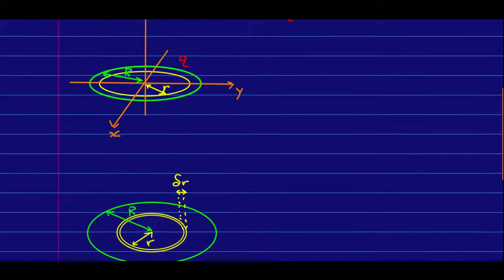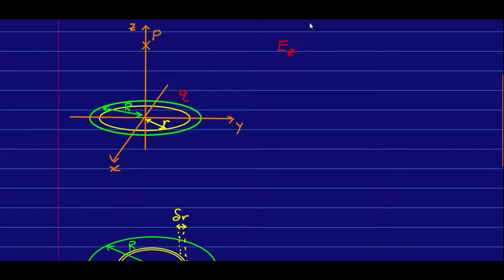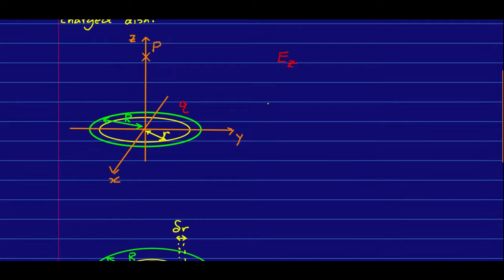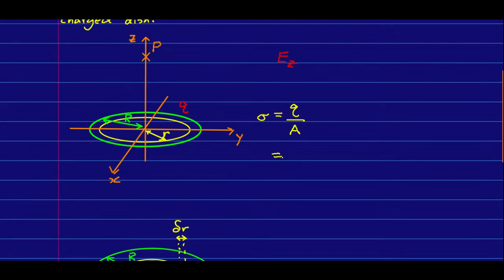Also, this disk has some total charge Q. And one thing that's going to be useful to us then is that there is a surface charge density, so let's call it sigma as we usually do, which is going to be Q over the area of the disk. And so that is just Q over pi R squared.